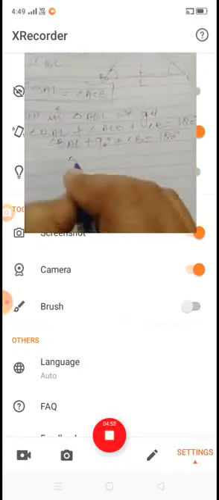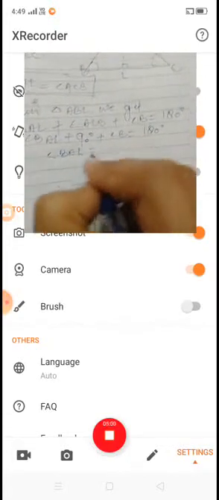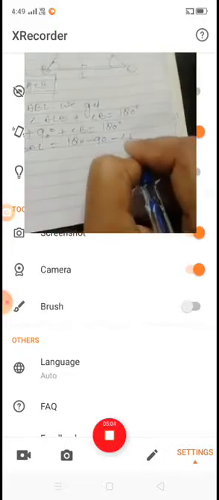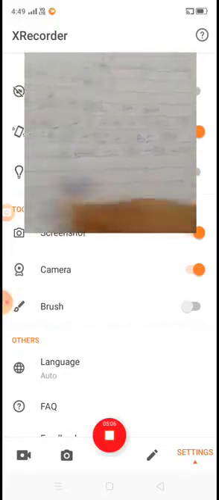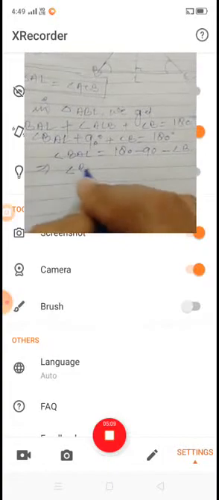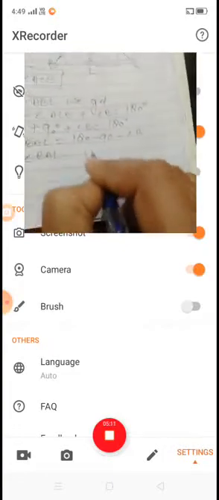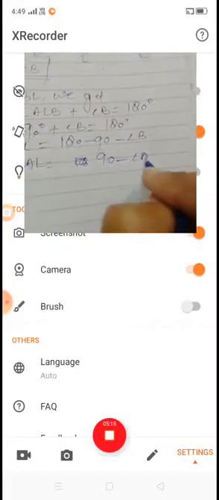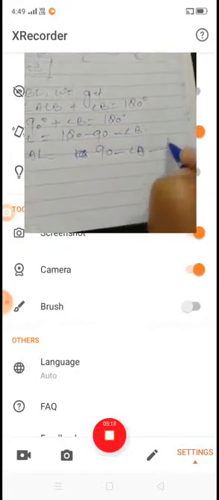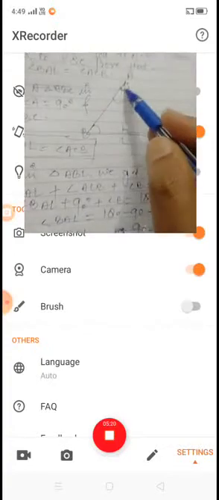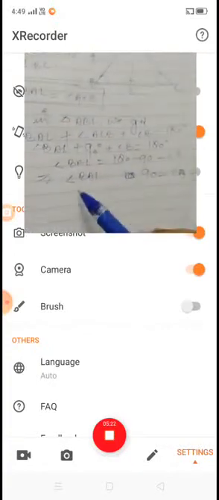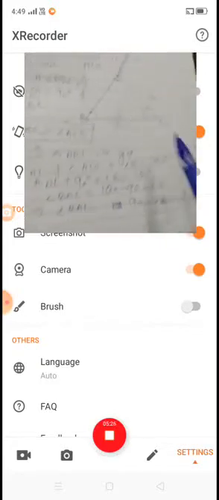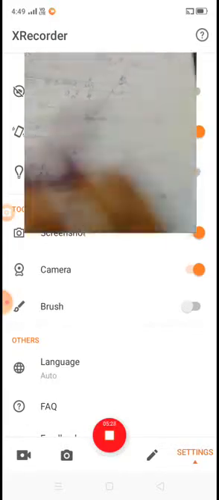So we have angle BAL is equal to 180 minus 90 minus angle B. Okay, so angle BAL is equal to 90 minus angle B. Take this as equation 1. In this triangle ABL, we find angle BAL is equal to 90 minus angle B.